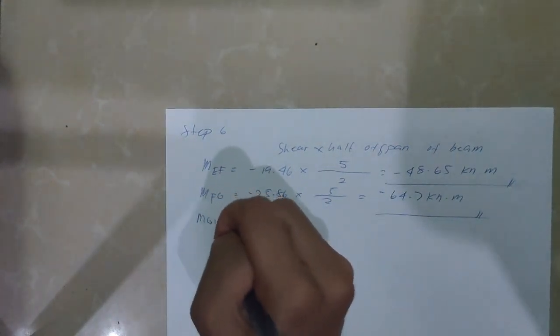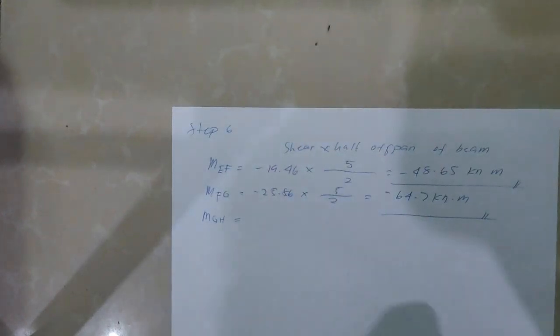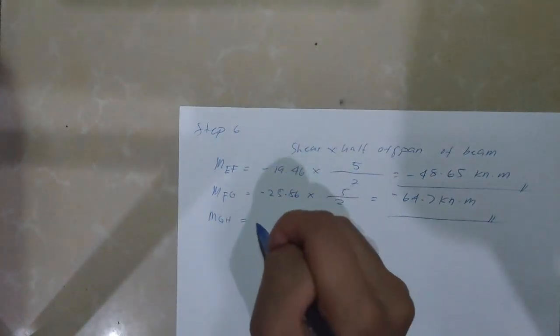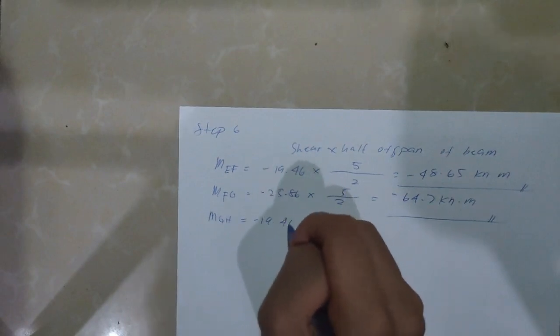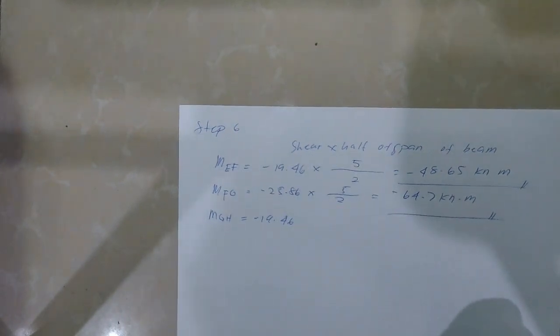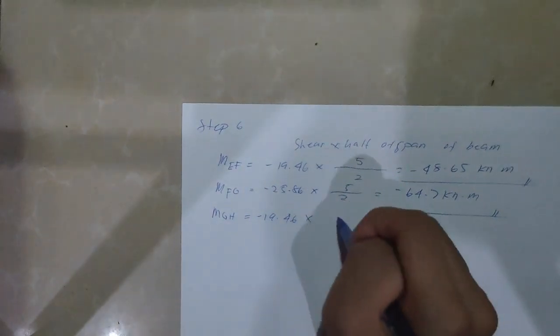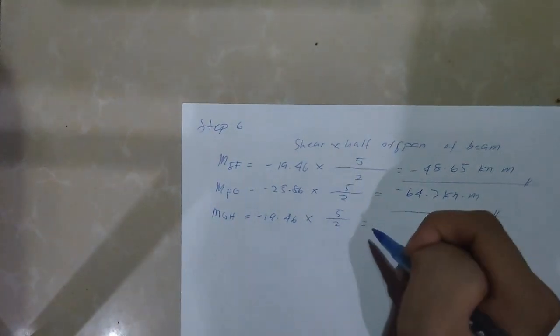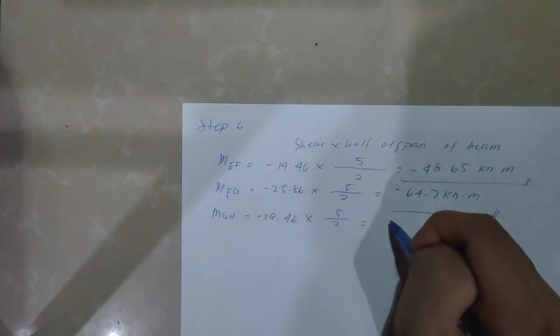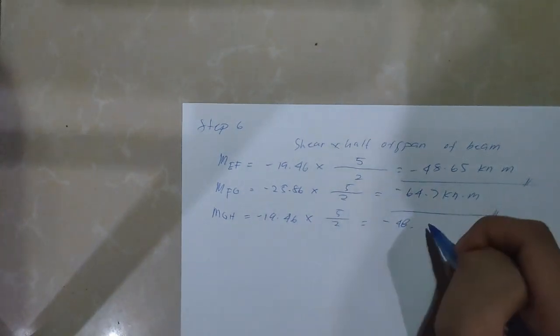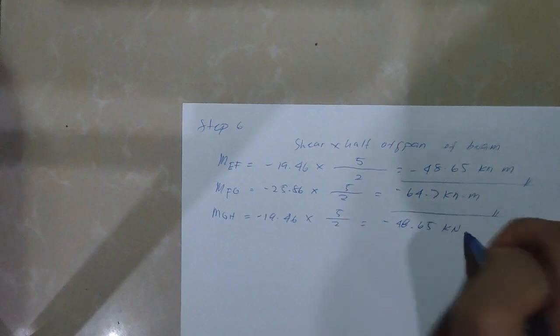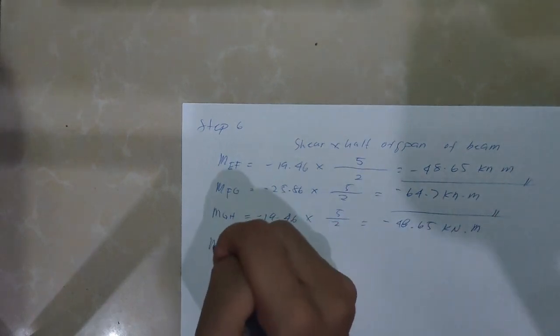Then moment at GF equals negative 19.46 times 5 over 2, which is equal to negative 48.65 kilonewton meter.